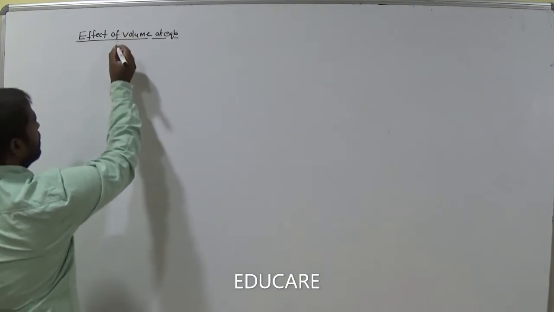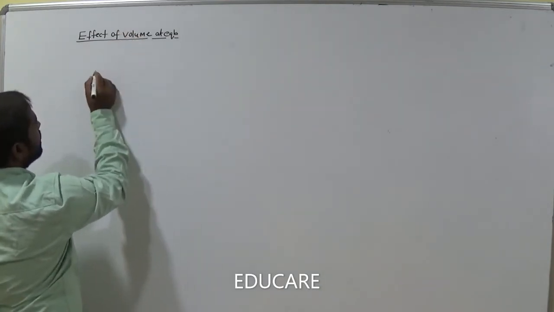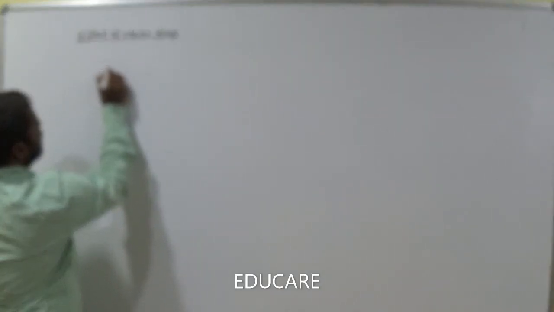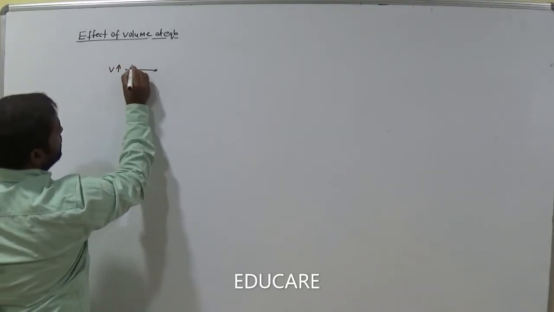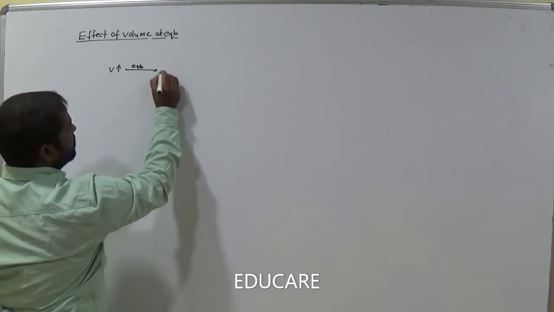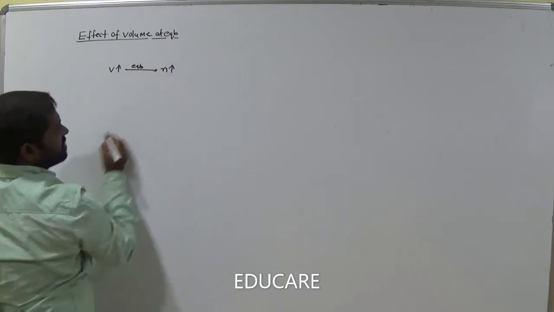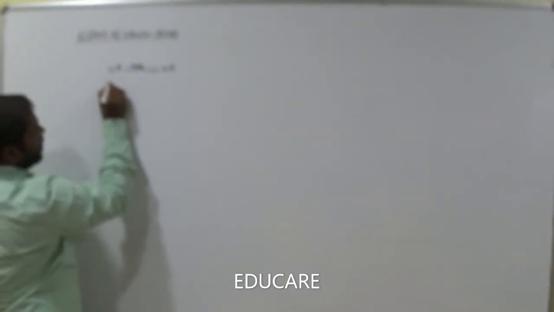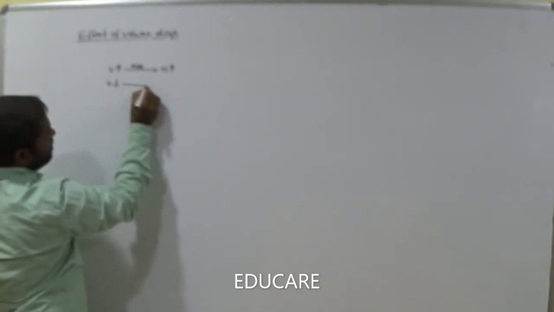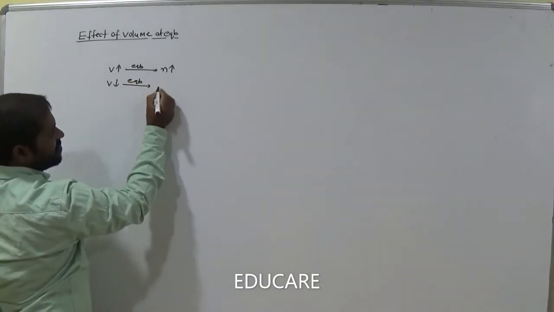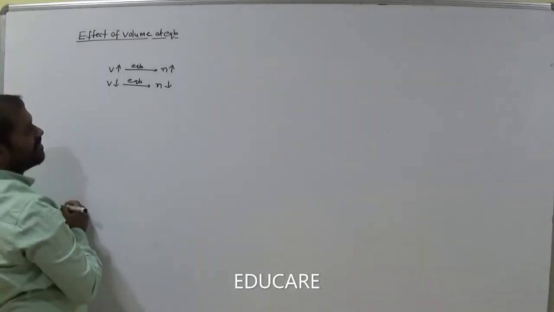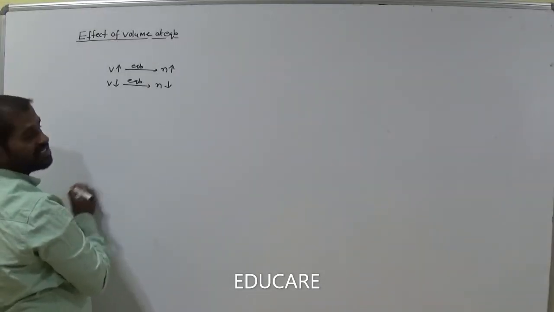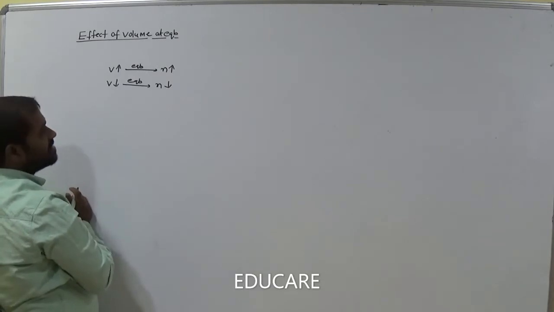Finally, shortcut notes regarding this topic. If volume increases, the equilibrium position shifts towards the side with more moles. If volume decreases, the equilibrium position shifts towards the side with fewer moles.